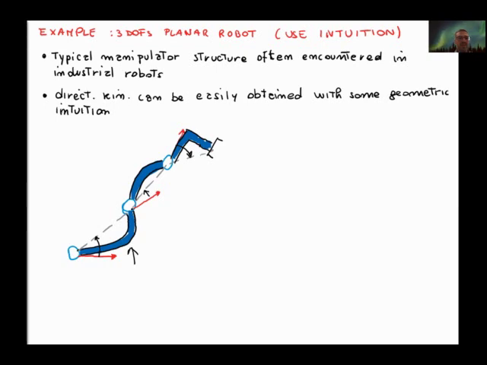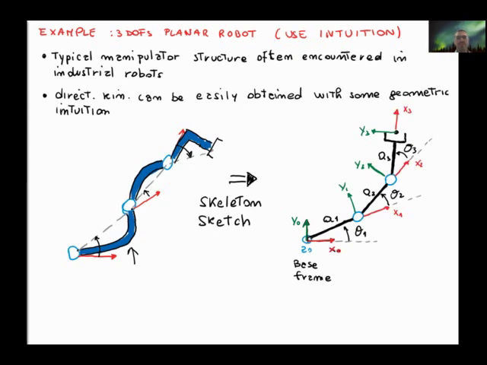The important thing is that whatever shape you have, you can always find the skeleton sketch, which is a representation of the kinematics of the robot that allows you to do the kinematic computation. In essence, you need to consider the axes of the joints and connect them with lines.